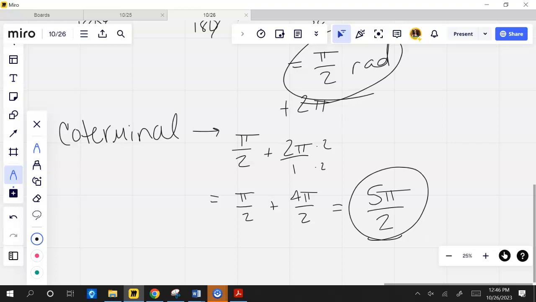You added it to the original degrees, and then you converted back over? I had 90, and then I added the 360. Okay, you're just doing a double conversion, but that's okay.